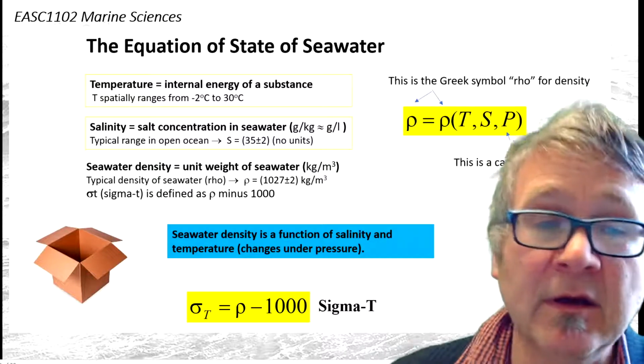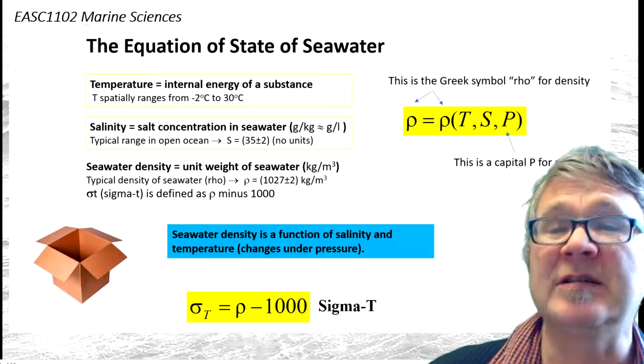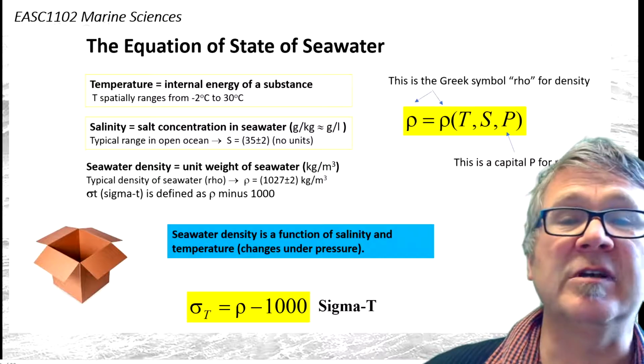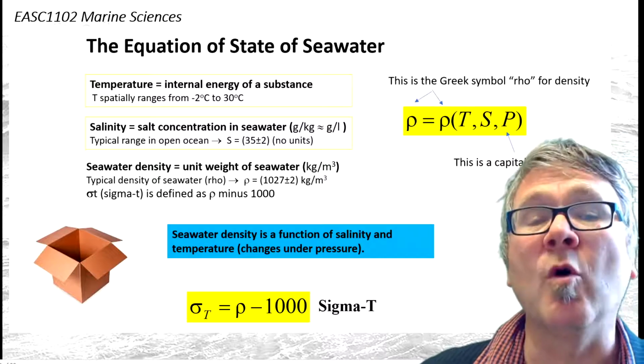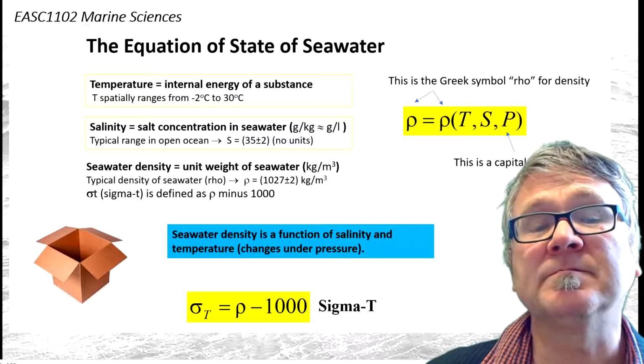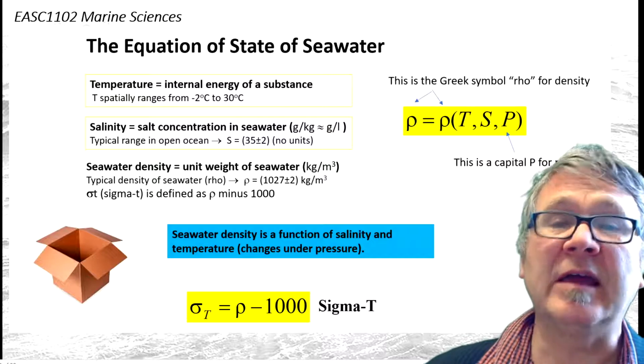per cubic meter. So the equation of state is an equation whereby you can calculate the density, and that's usually expressed by the Greek symbol rho. You can calculate it from temperature, capital T, salinity, capital S, and from pressure.